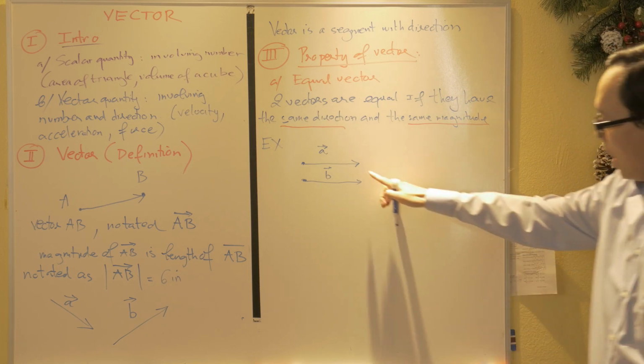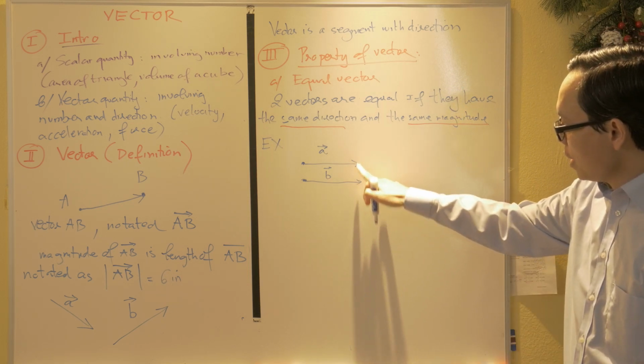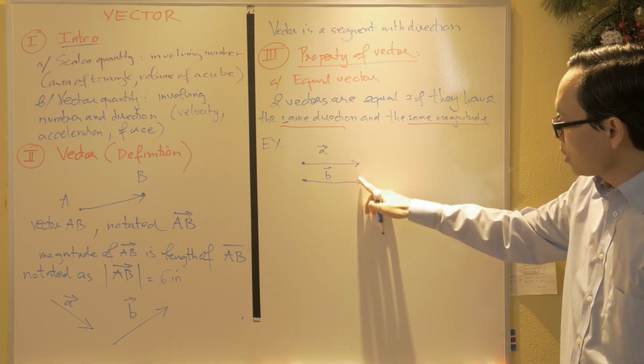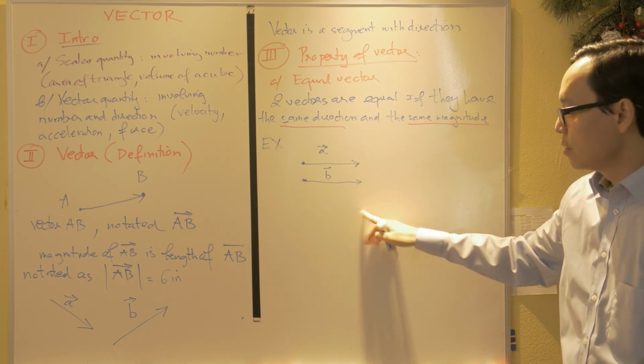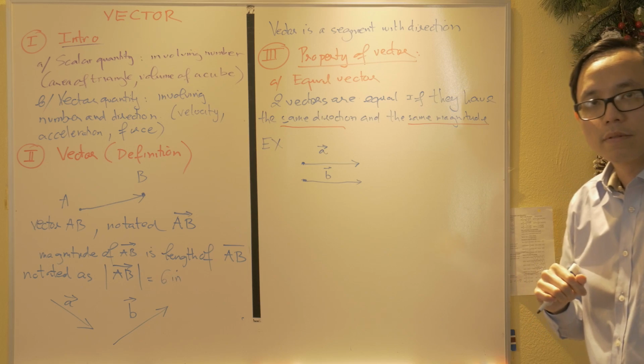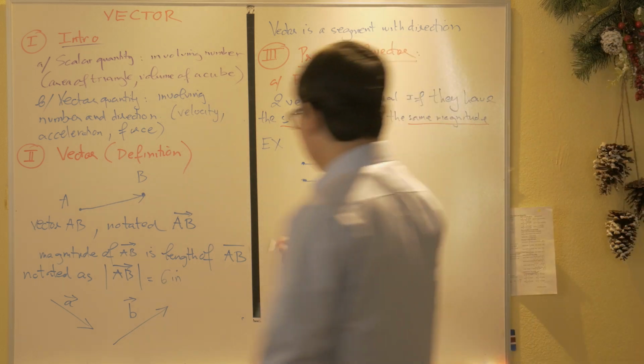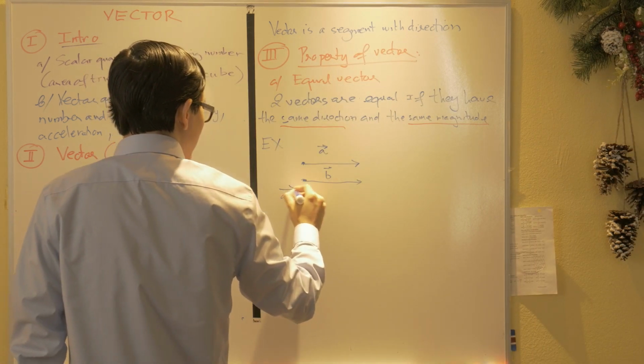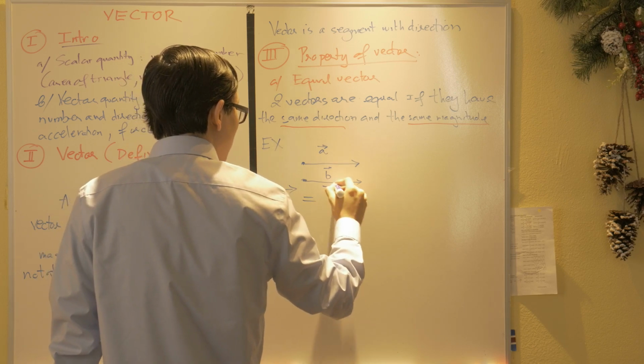And these two vectors point toward the same direction. You see, they point to the right. Then I conclude that vector A equals vector B.